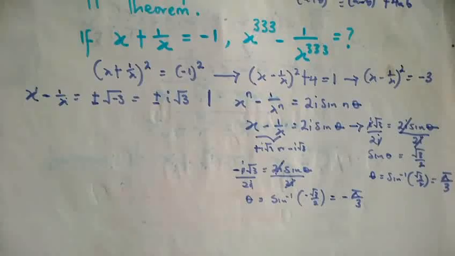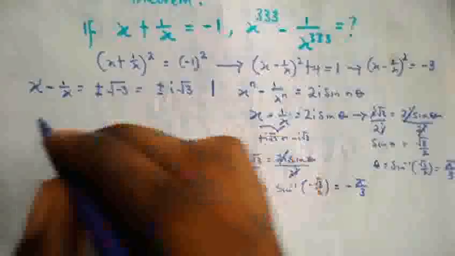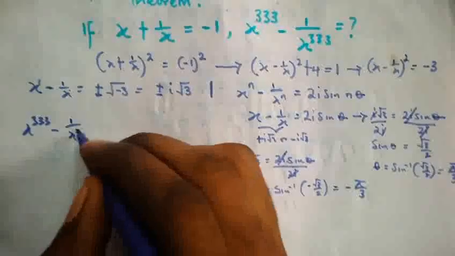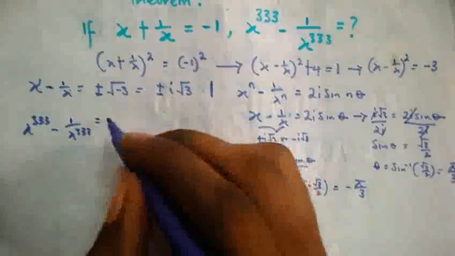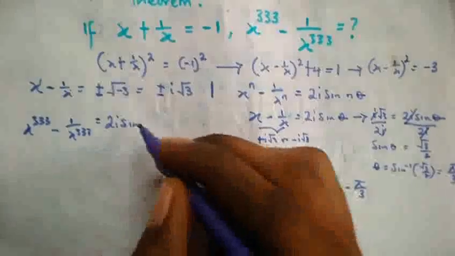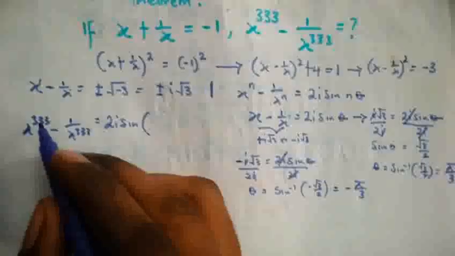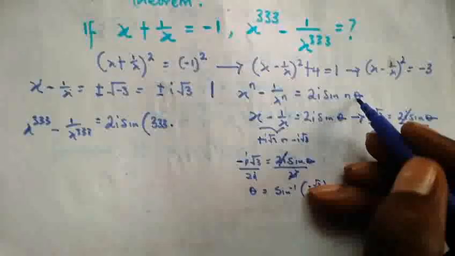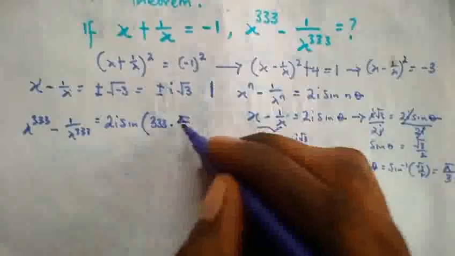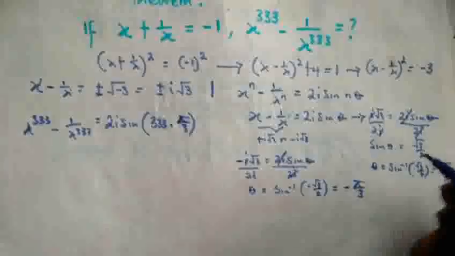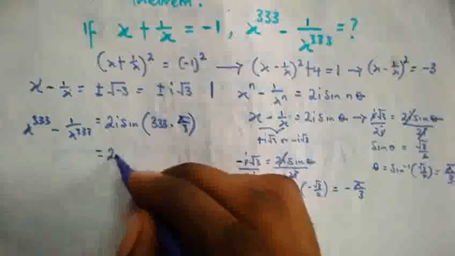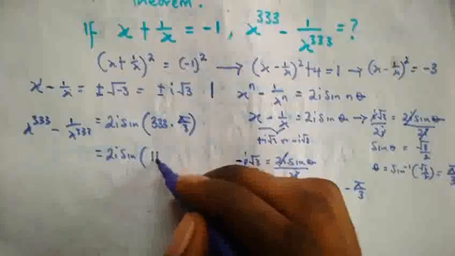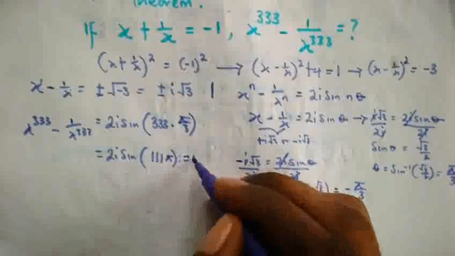We have x raised to 333 minus 1 over x raised to 333 equal to 2i sine, where the power of x here is 333, so 333 times theta, which is pi over 3, taking the first positive value of theta. This is equal to 2i sine of 111 pi, and this is equal to 0.